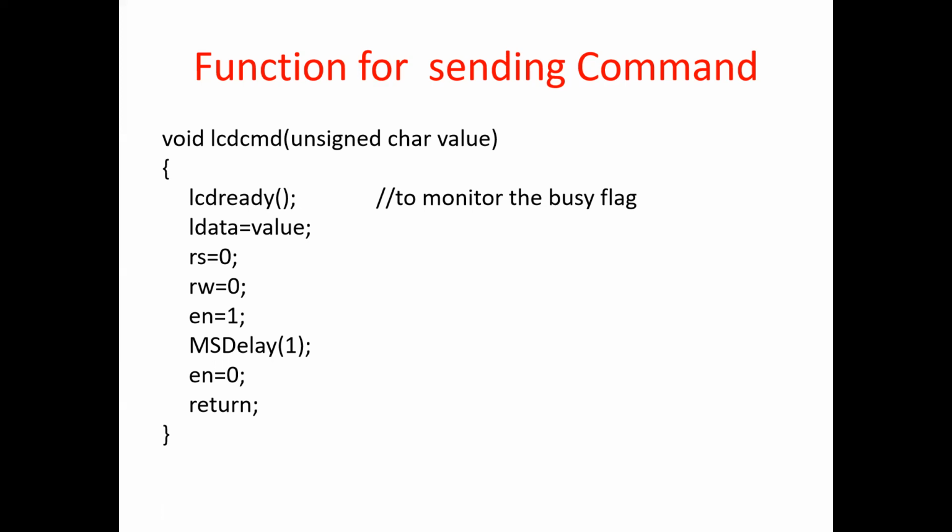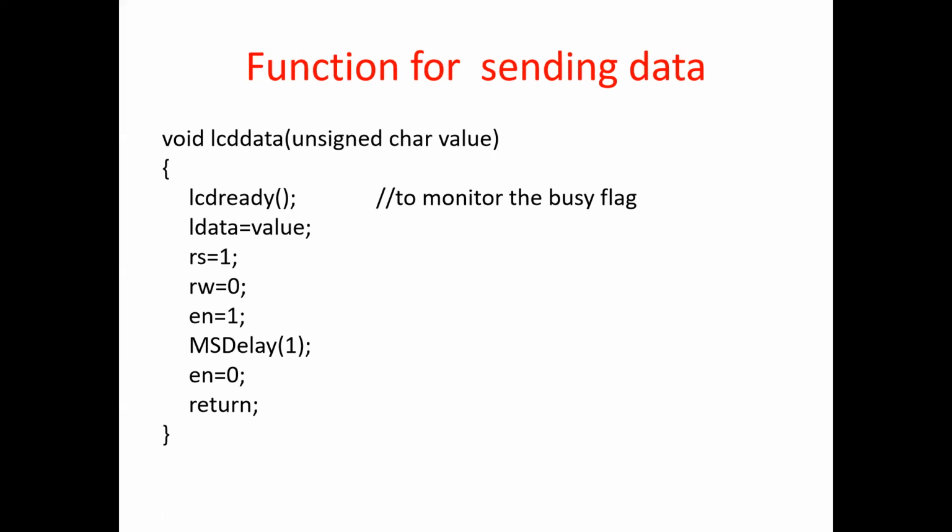In the same way, if we are sending a character to be displayed, the instructions are the same, except the value loaded on L data is now to be stored in the data register. So instead of RS equal to 0, here we make RS equal to 1. Whenever this function is called, whatever character you send will be displayed on the LCD.